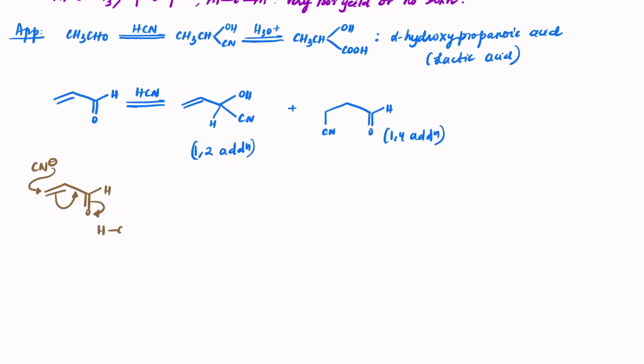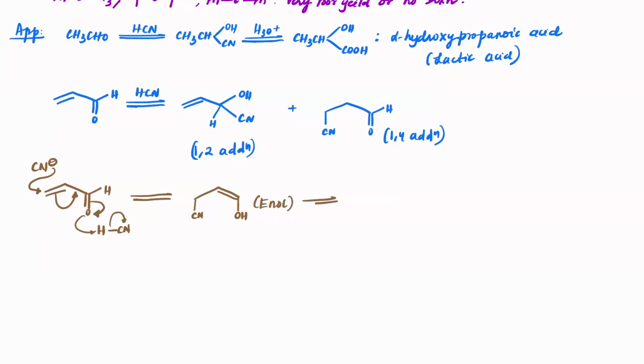And when it gets O minus, it can react with this HCN, making a cyanide here, a CN here with a double bond here, and OH here. So what are we getting? Sorry, this is enol form. So you're getting an enol form.